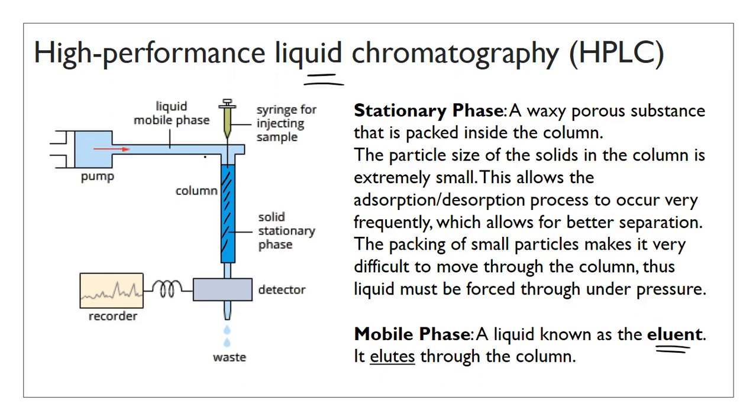So the liquid is going to be introduced with high pressure into the column, and as it does so, you have the sample being introduced with it. And then everything is going to come out. Obviously the first thing that will come out is the mobile phase, and then the substances in the mixture will gradually come out as well, and it will get detected and recorded. So that's high performance liquid chromatography.